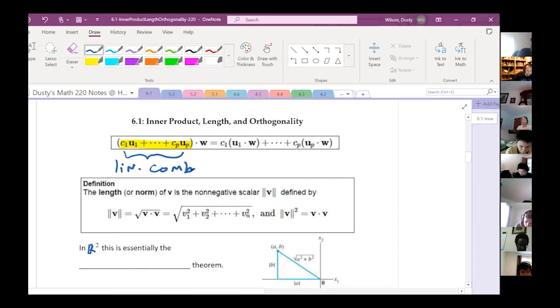And so we have here a linear combination of the u vectors dotted with the w. What you'll notice is that you're going to end up with a linear combination of dot products. So we could find that whole linear combination and then dot the result with the w, or we could do a whole bunch of individual dot products. Okay, so it's just kind of a reminder notation thing. It's going to come up later on.